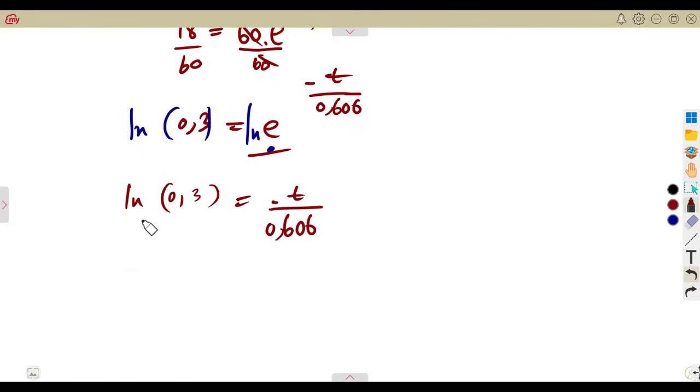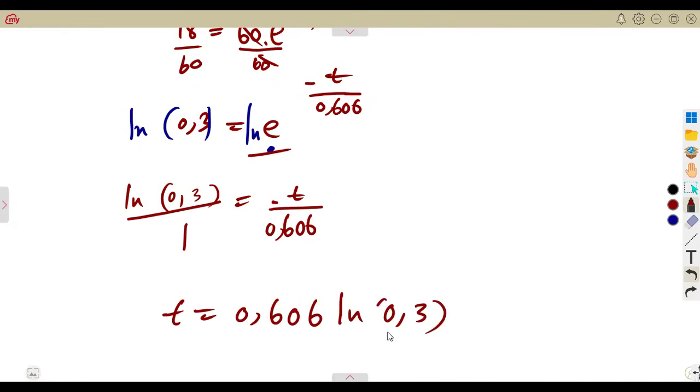So let's find t, guys. Going to cross multiply, definitely. So t is equal to, if you cross multiply here, 0.606 times the ln of 0.3. So it was going to be minus t. But for you to remove the minus, because there's minus t there, to remove that minus so that it becomes a positive t, the minus will be affected on this other side.